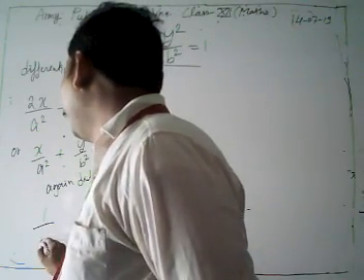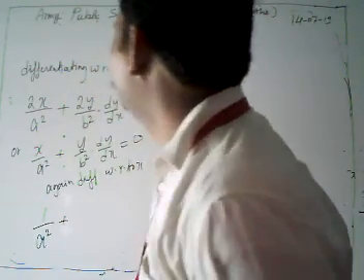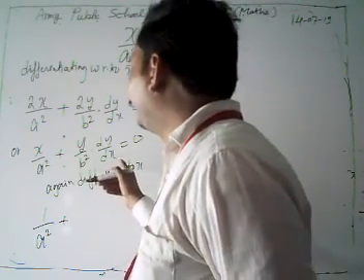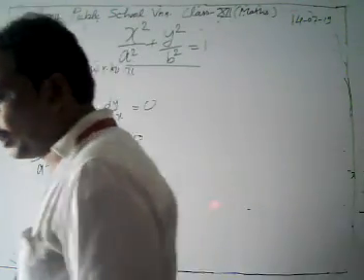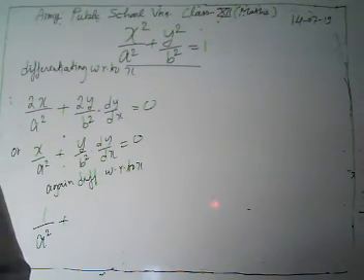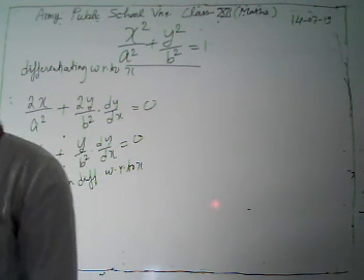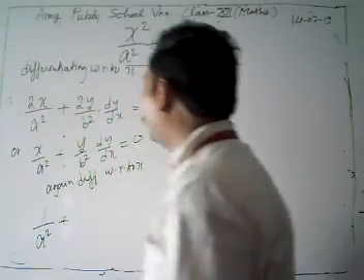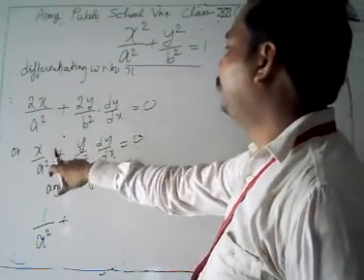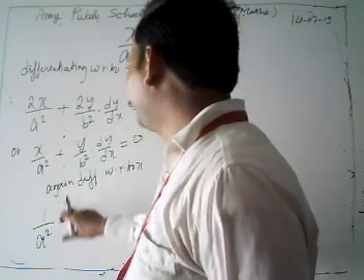We have 1/a² plus, look, we have to differentiate y times dy/dx over b² using the product rule, because it is in product form. When we differentiate, the 2x gives 2, we take the 2 out, and again when we differentiate, we get 1/a².